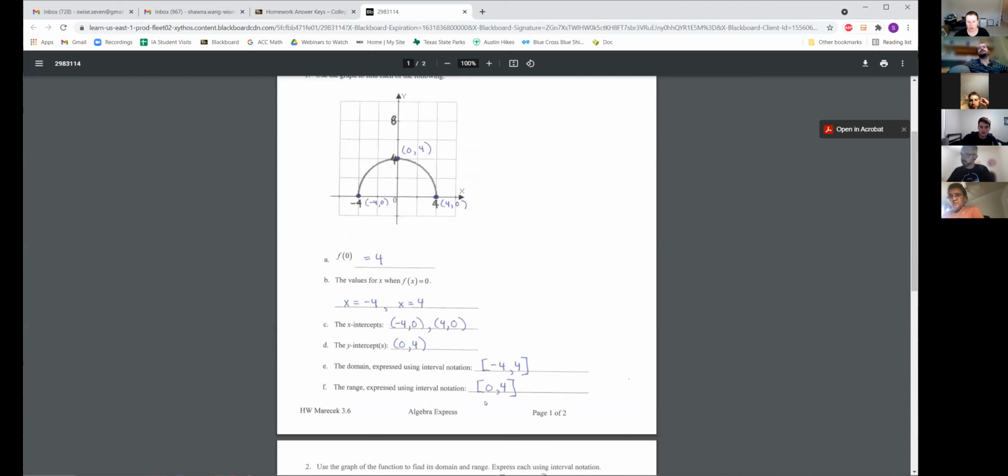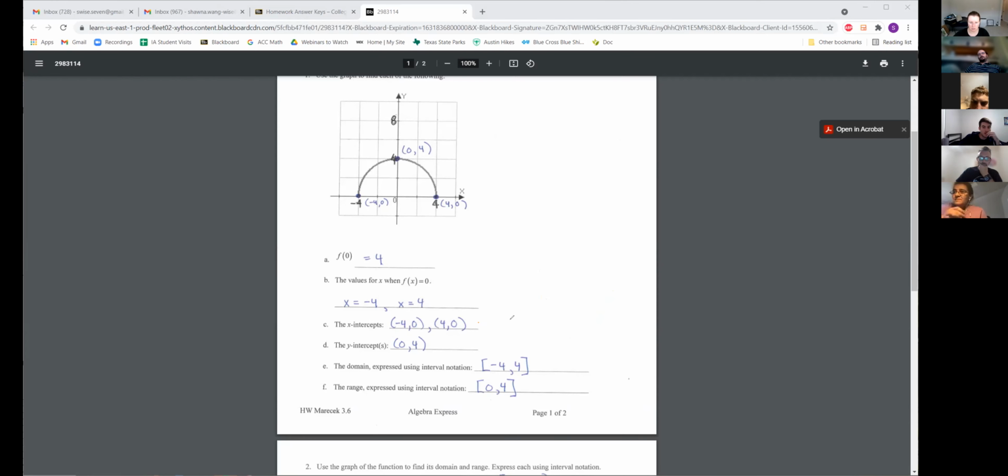A lot of you wrote these incorrectly, and on the test you're going to lose points for that. Even if they had the right numbers, they might have written it incorrectly. For example, on this one, some people wrote -4, 4. This is a point that you just wrote. That is not two separate x answers, so that would be incorrect.